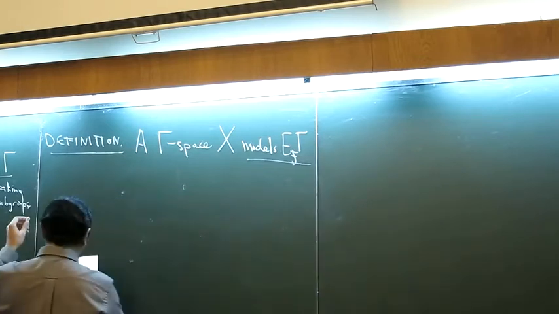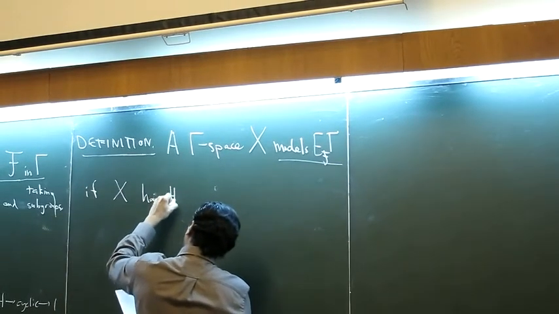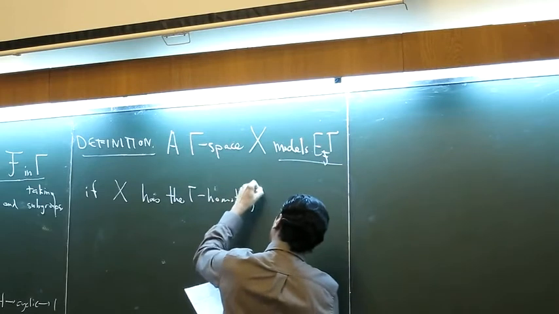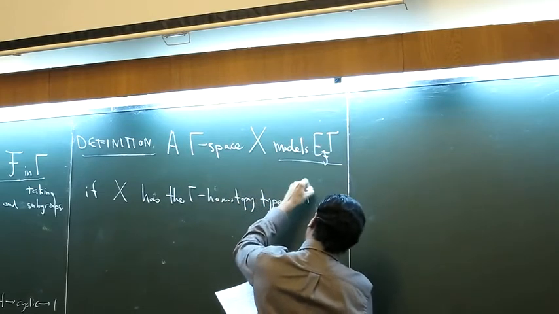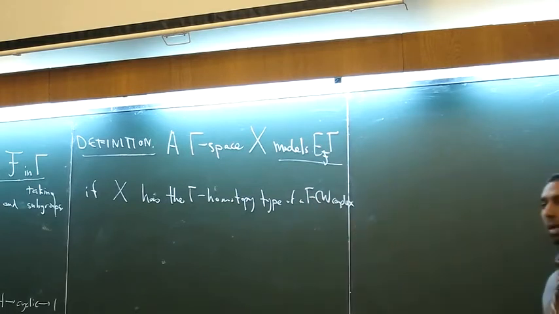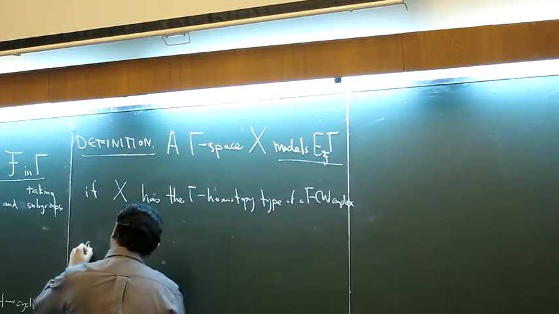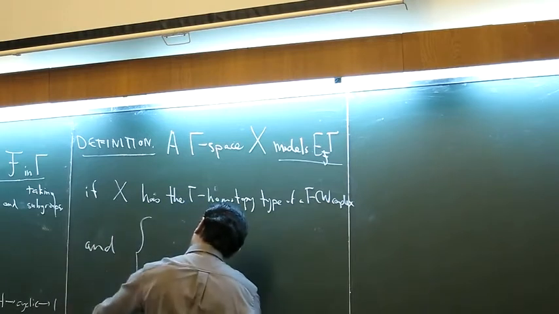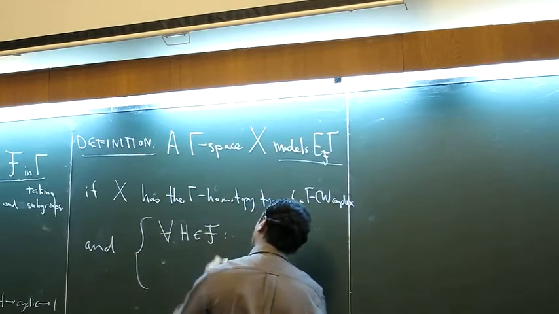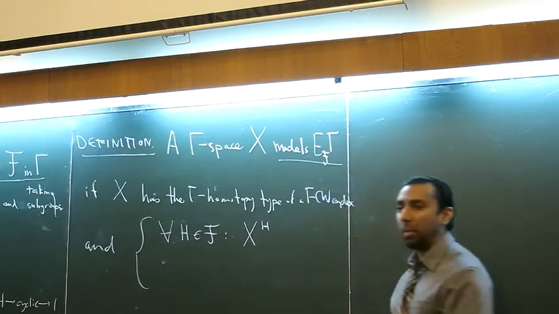So X has the gamma homotopy type of a gamma CW complex. This is just a technical condition, it should not be too strange. And whenever you have a subgroup in your family, the fixed set should be non-empty and contractible.